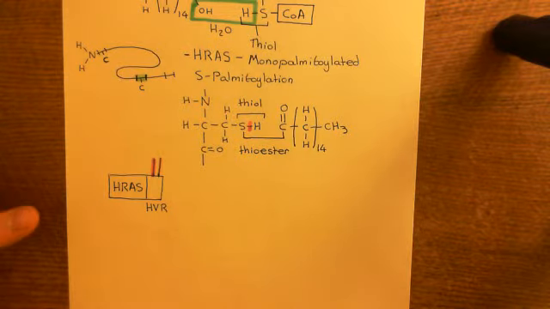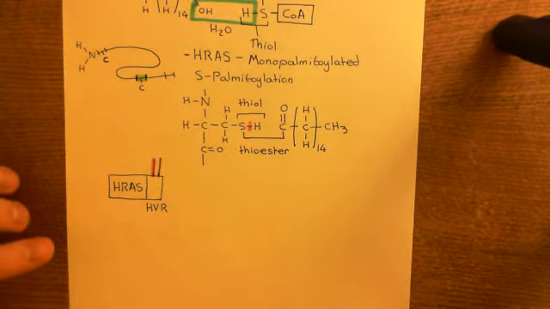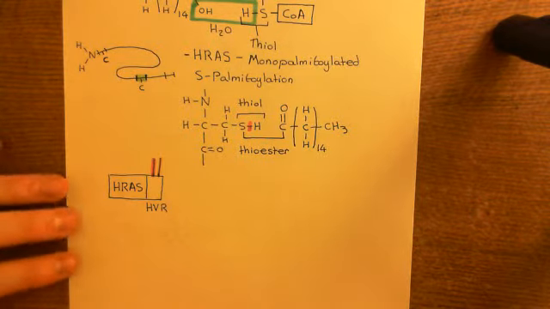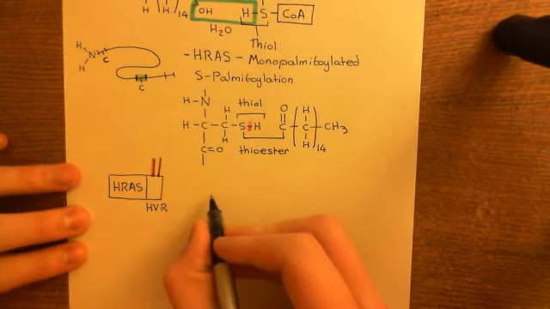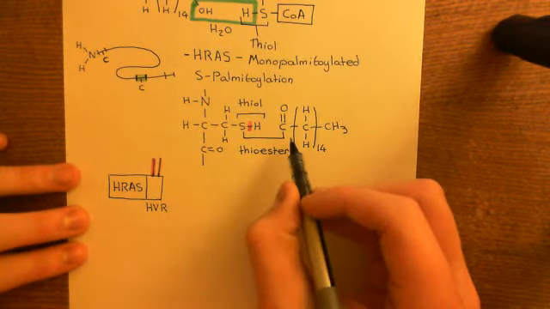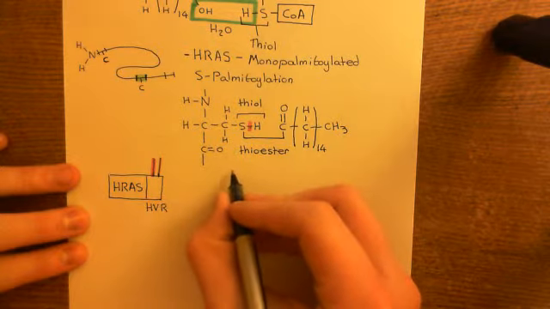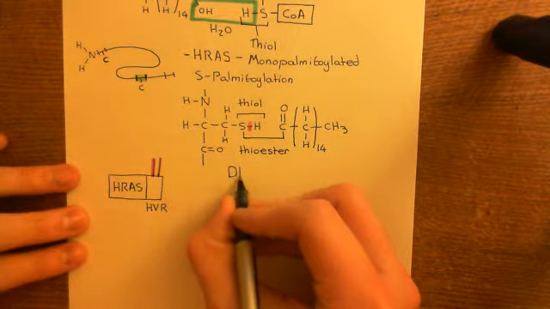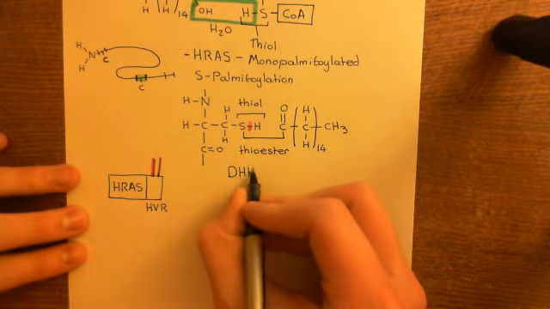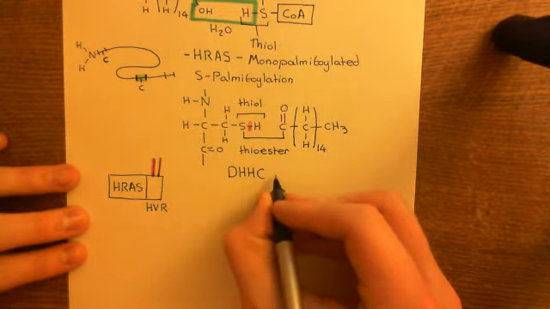This is an S-palmitoylation that's going to occur. We're going to add a palmitoyl group onto the thiol group of a cysteine residue in the hypervariable region. Now this process is going to be catalyzed by an enzyme, and the enzyme that is going to catalyze it is a member of the DHHC family of enzymes.